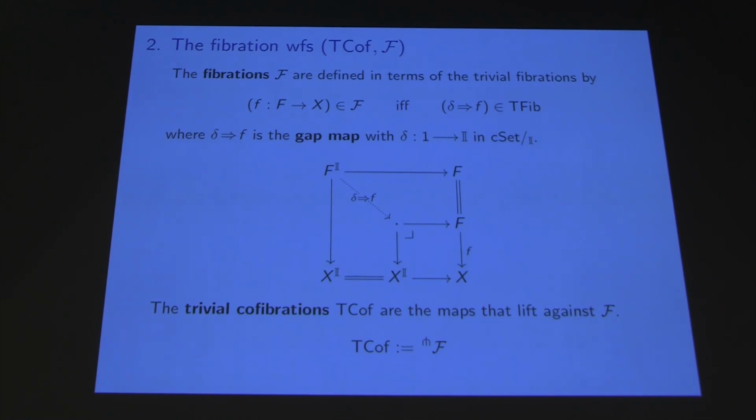Again, this is a kind of lifting property, but here again, because the first weak factorization system was algebraic, this one is also algebraic, and that's going to play a role too in just a minute. And then the trivial cofibrations are what they have to be. They lift against the fibrations.